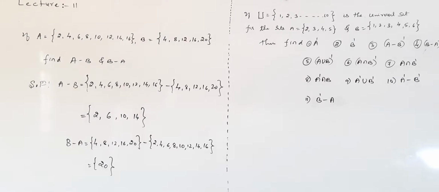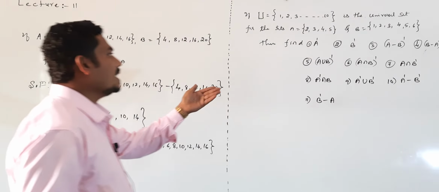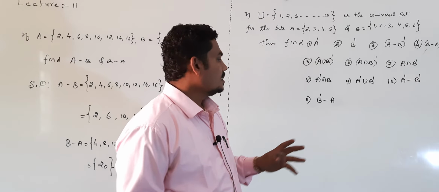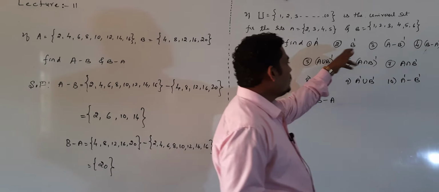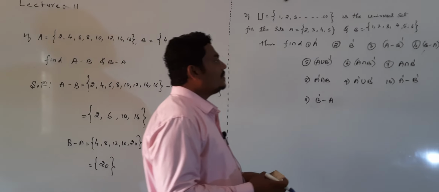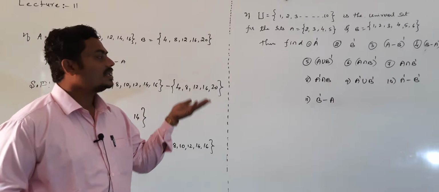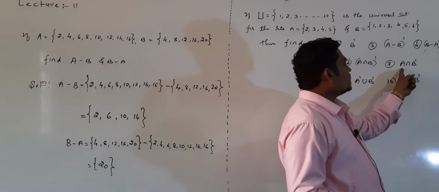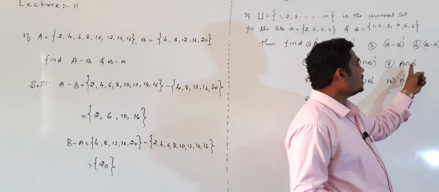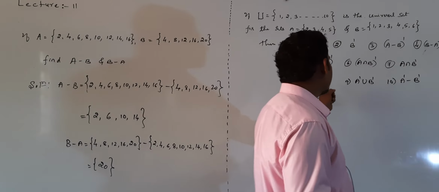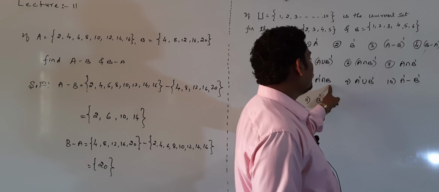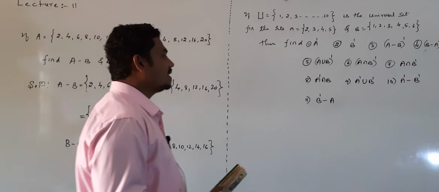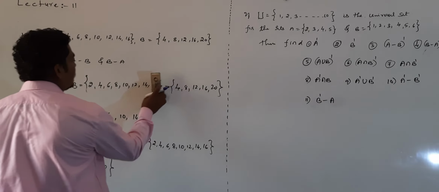Clearly, set A, set B and universal set U they have given. We need to find A complement, B complement, A minus B whole complement, B minus A whole complement, A union B whole complement, A intersection B whole complement, A intersection B complement, A complement intersection B, A complement union B complement, A complement minus B complement, B complement minus A.